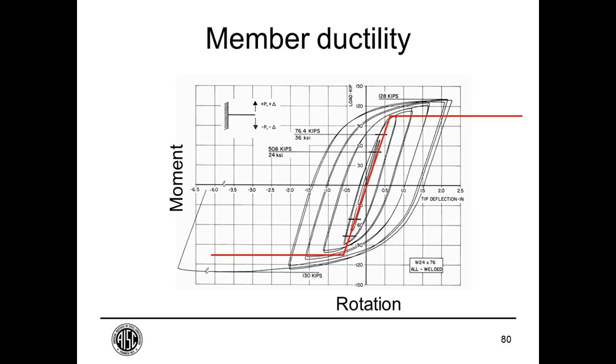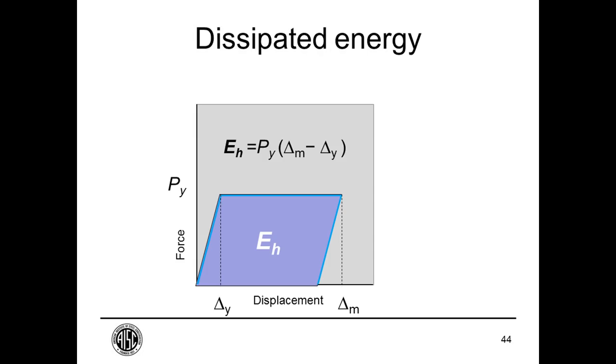Okay. So let's start with the definition of hysteretic damping. As I explained, let's go to slide 44 briefly. This is a reminder. Here we have a structure that we've taken past the elastic region through some inelastic drift and then let it relax.